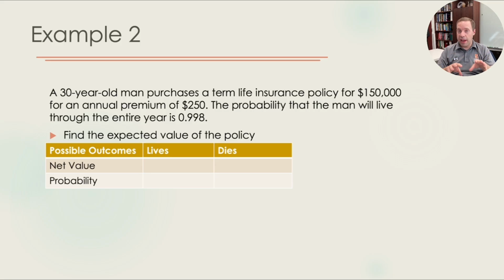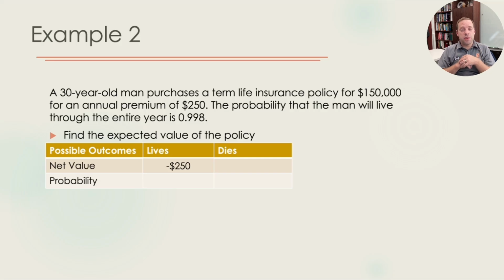In this case, we won't have to do that because whether he lives or he dies, there is a value that's attached to each. For example, if he lives, what does he get from life insurance? He doesn't get anything, but instead he loses $250 through that year. That's the premium he had to pay for his insurance policy.